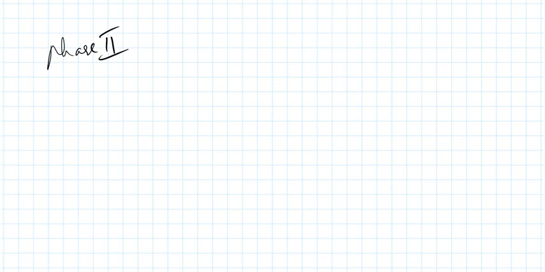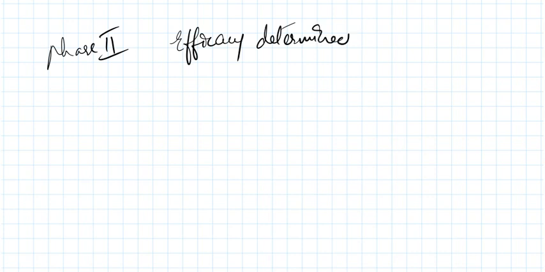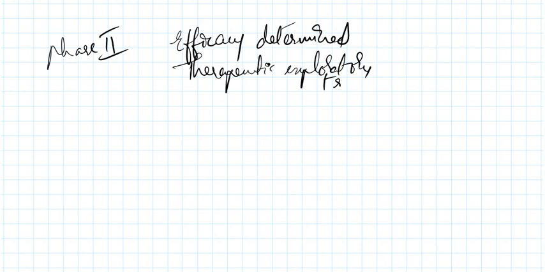Efficacy is determined in phase 2 trial. This is a very important MCQ. This phase is denoted as therapeutic exploratory trial, and it determines the efficacy, dose range and safety, but the main point is it determines the efficacy.